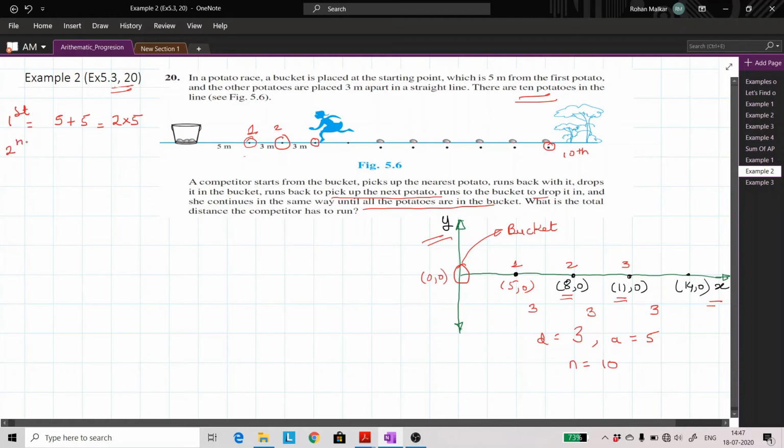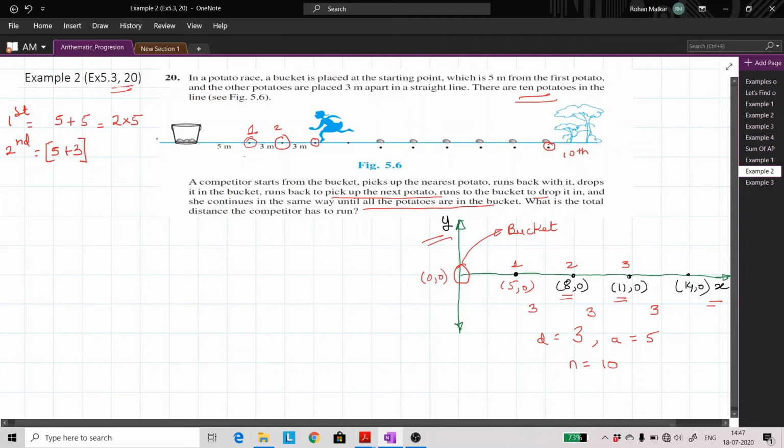Let's look at the second potato. For the second potato, she has to travel a distance of 5 plus 3 to pick the potato, and she has to travel back to the bucket to put the potato down in the bucket.